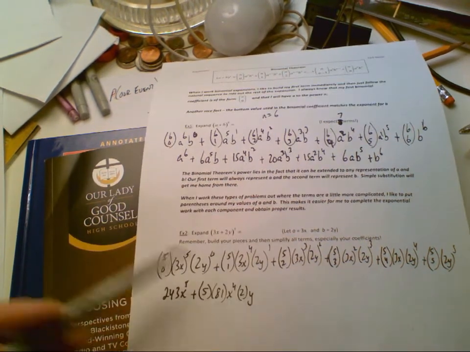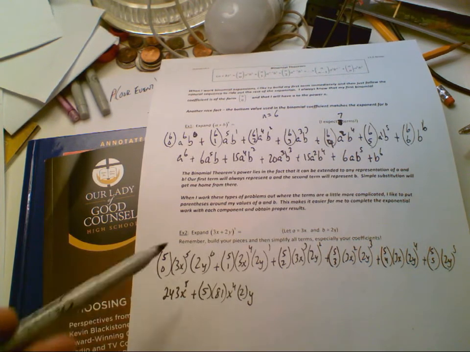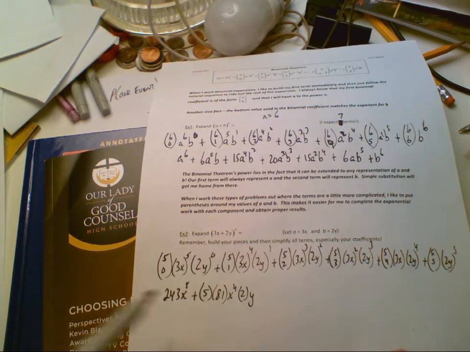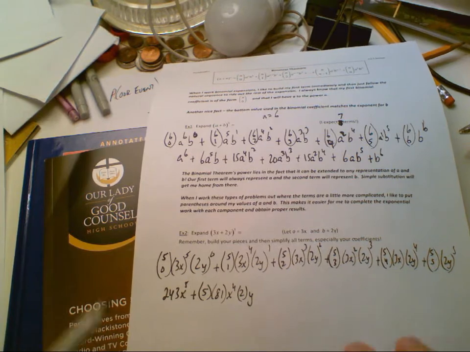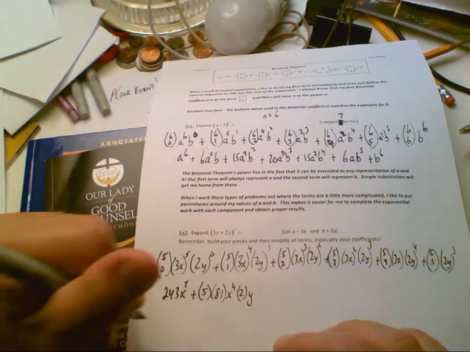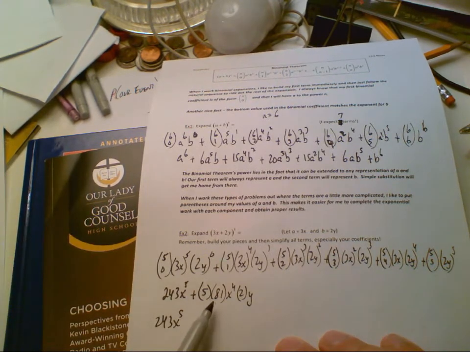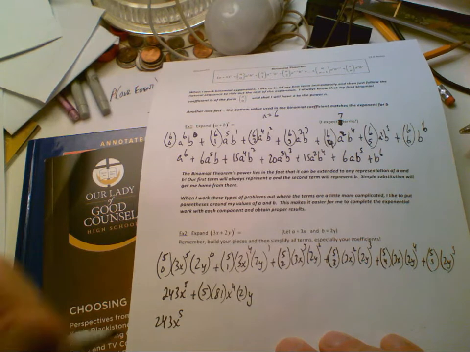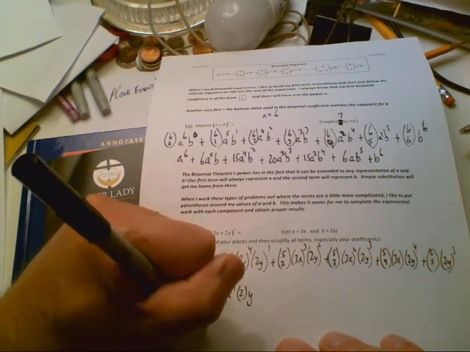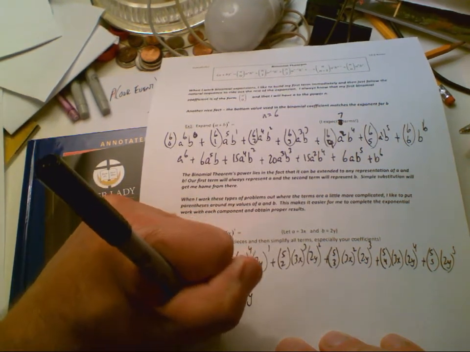I don't have to do it quite this way, but I like to keep parentheses around my numbers, let my variables float, because I'm going to need to consolidate them. First term is fine. 5 times 81, my calculator tells me it's 405, times 2, 810, x to the 4th, y.